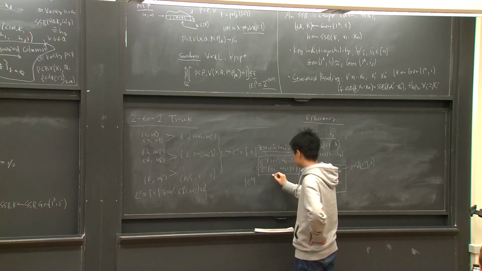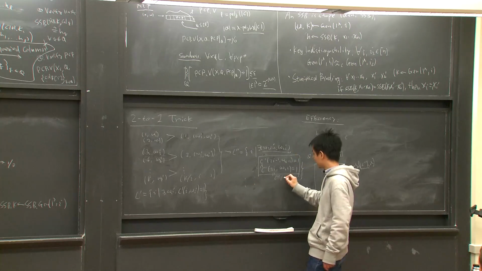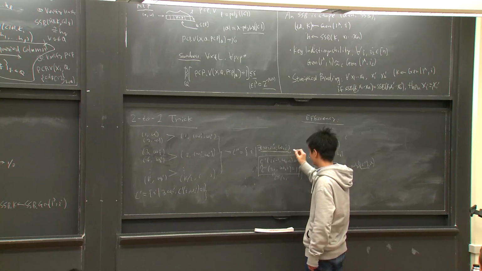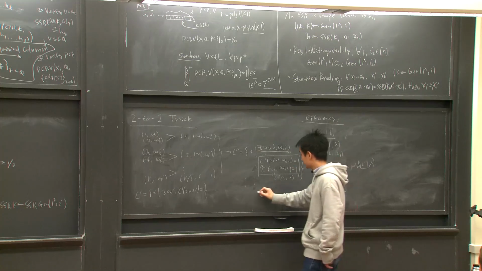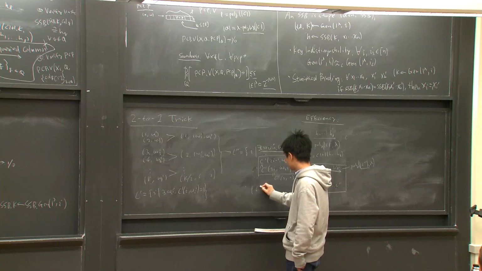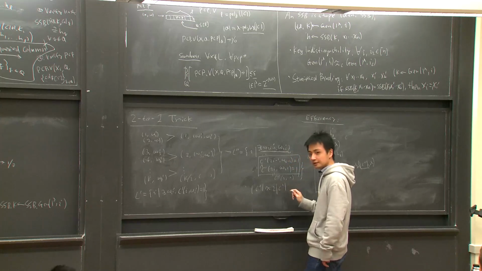It will take index I and this as the witness, and verify these two things. So the size of C double prime is roughly 2 times C.